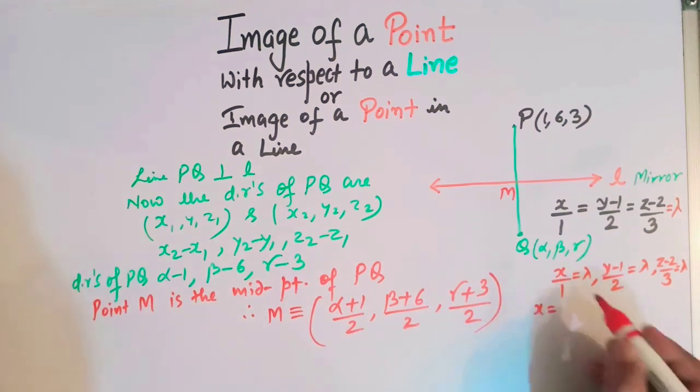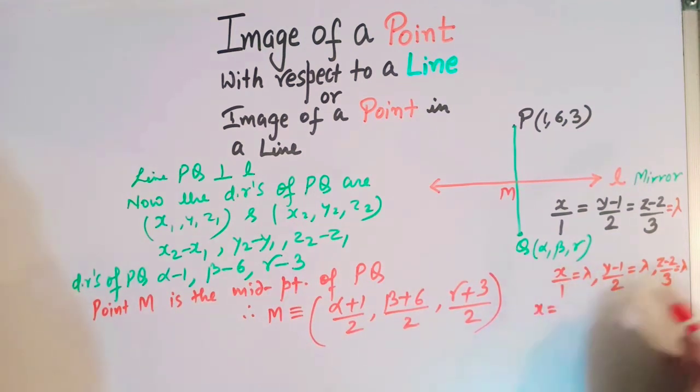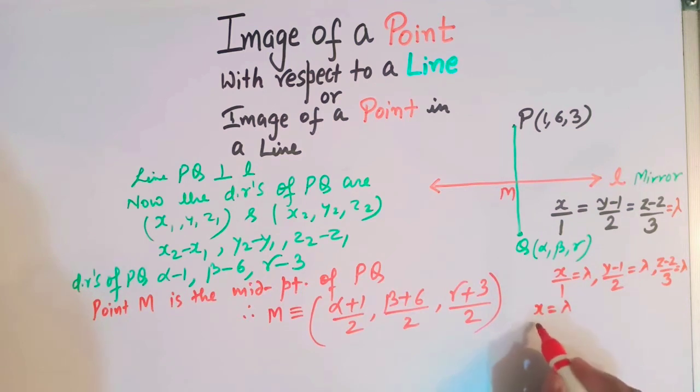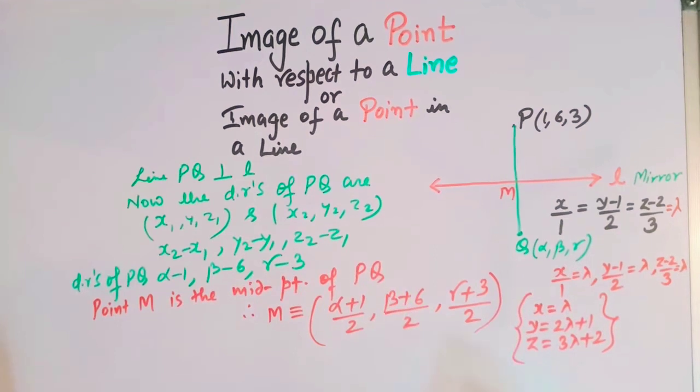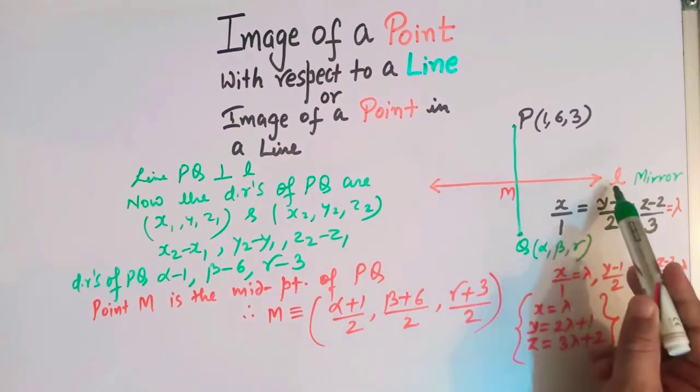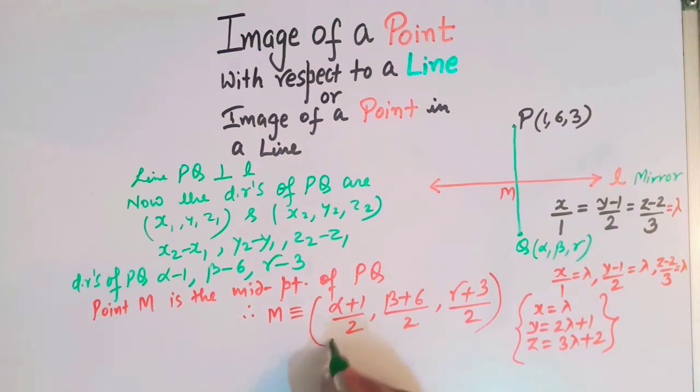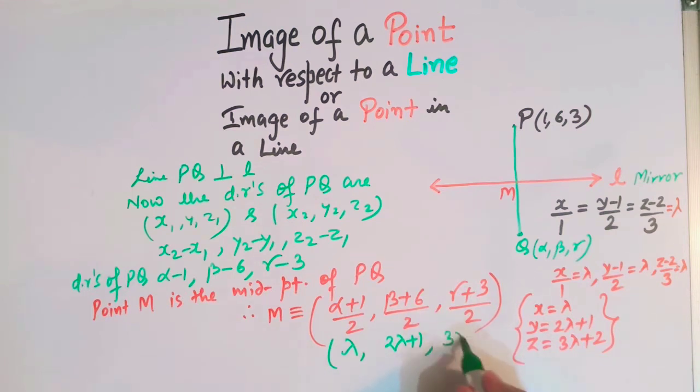Here if we solve these three equations, we get x equal to lambda, y is equal to 2 lambda plus 1, and z is equal to 3 lambda plus 2, right?